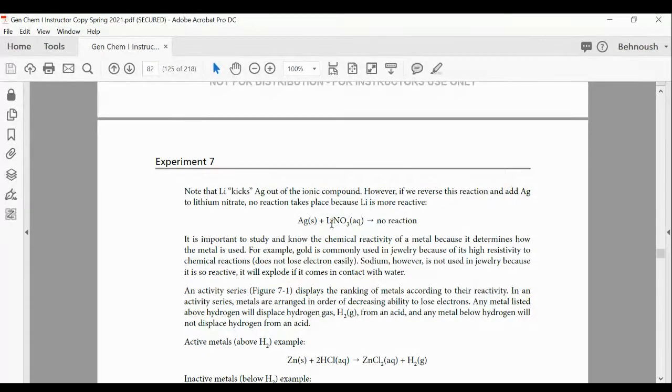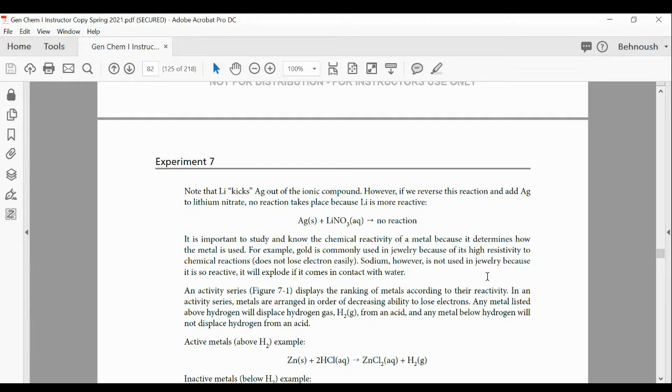Because lithium is more reactive than silver, or silver is less reactive than lithium, this reaction will not take place. In other words, silver does not lose electron to lithium.